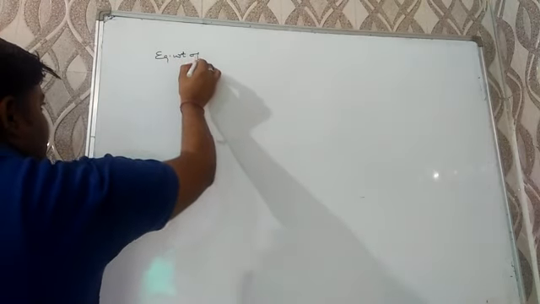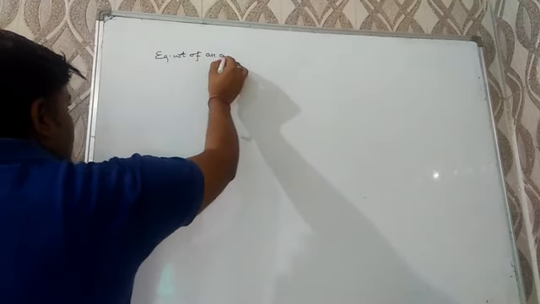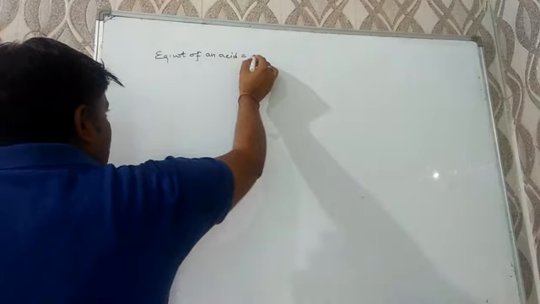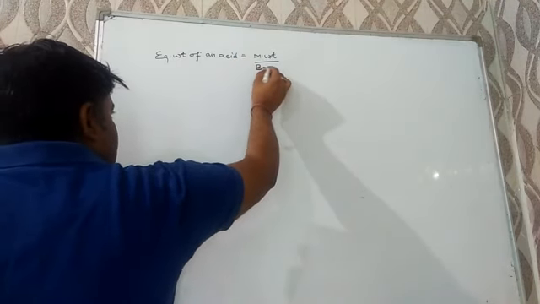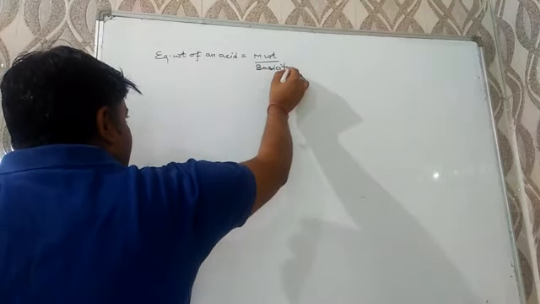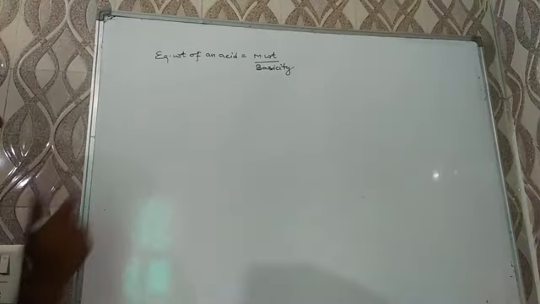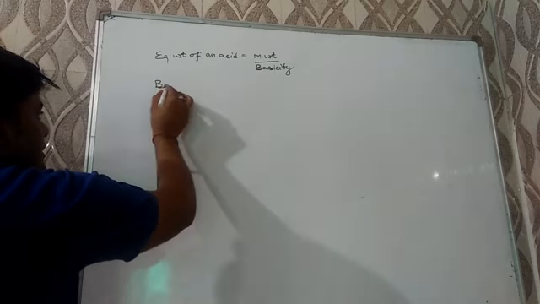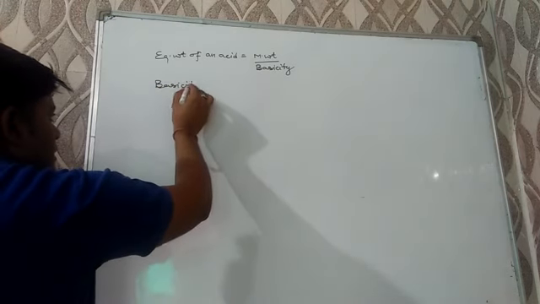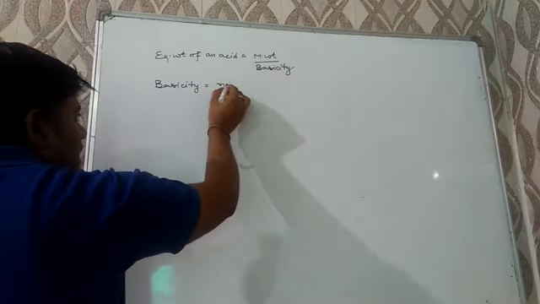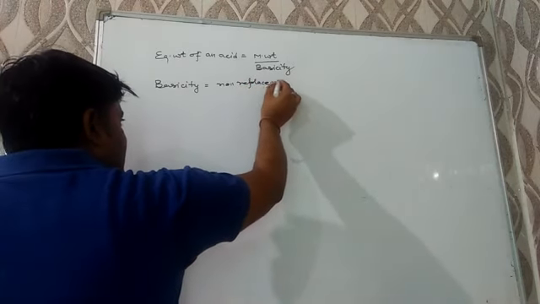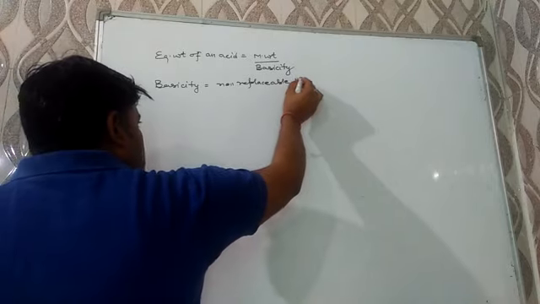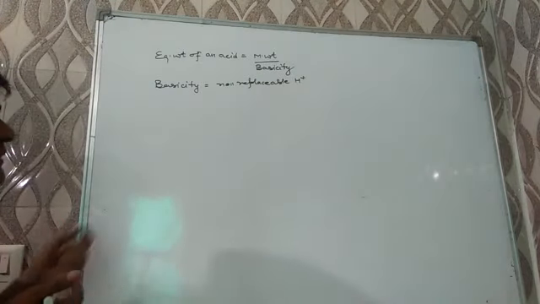Equivalent weight of an acid will be equal to molecular weight over basicity, where basicity is the number of replaceable H positive ion. I already discussed the oxo acids of phosphorus and sulfur.